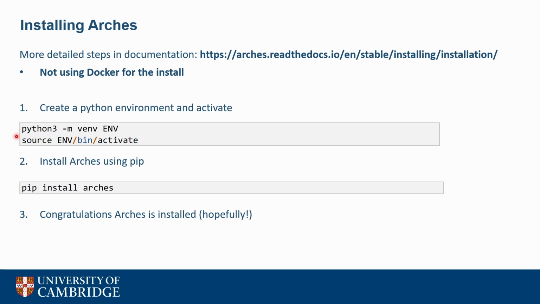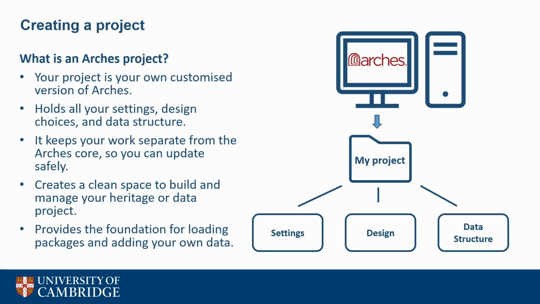In this environment, so number 2, you can then install Arches using pip. This second command here. Then you wait, you make a cup of tea, you sit back for a bit, and when you're back, Arches will be installed. I should have said Arches will hopefully be installed, because the first time I tried to do it, it didn't work properly, but I did get there in the end.